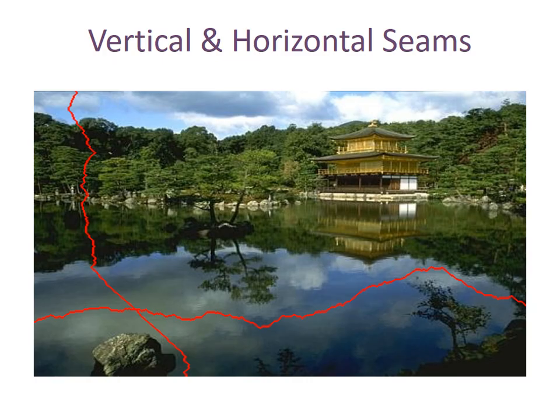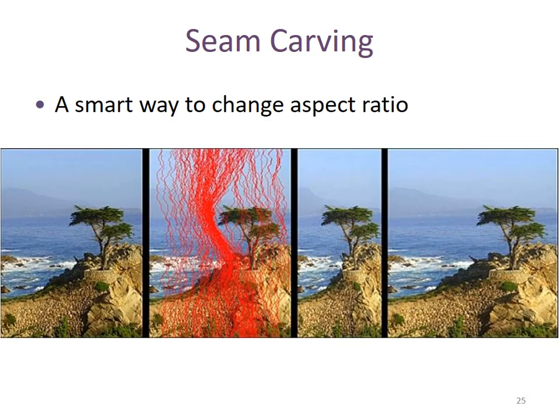Okay, so once we need to adjust the aspect ratio, actually we can remove the seams one by one until it reaches the aspect ratio we want. So that's how this image looks. Because when we need to make the width half of the original one, we need to remove a lot of seams to make the number of columns just half of the original.